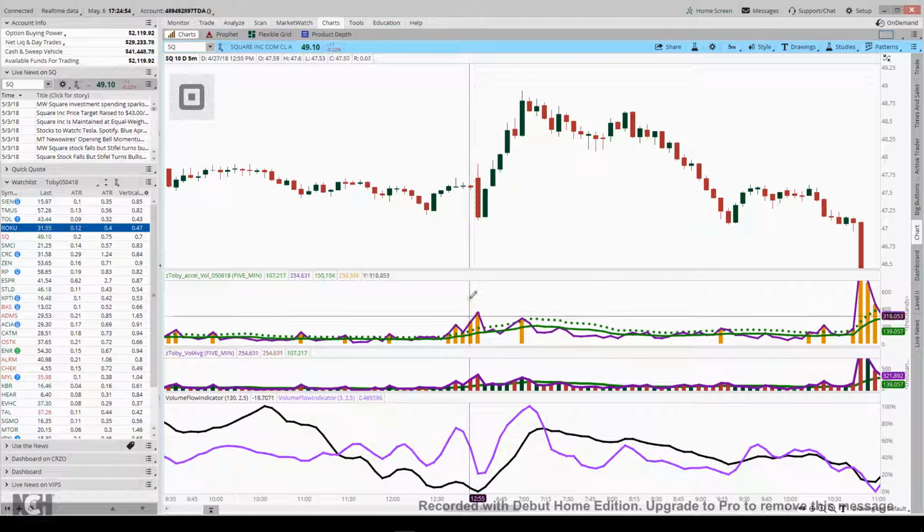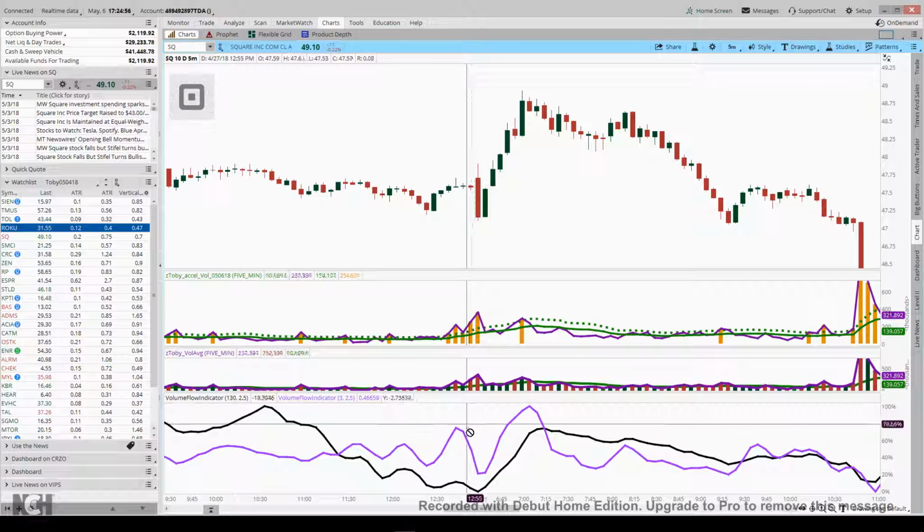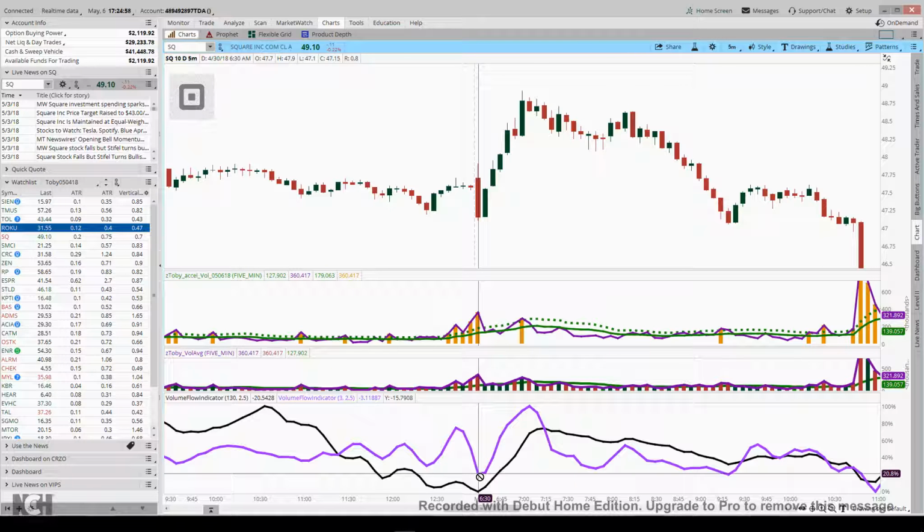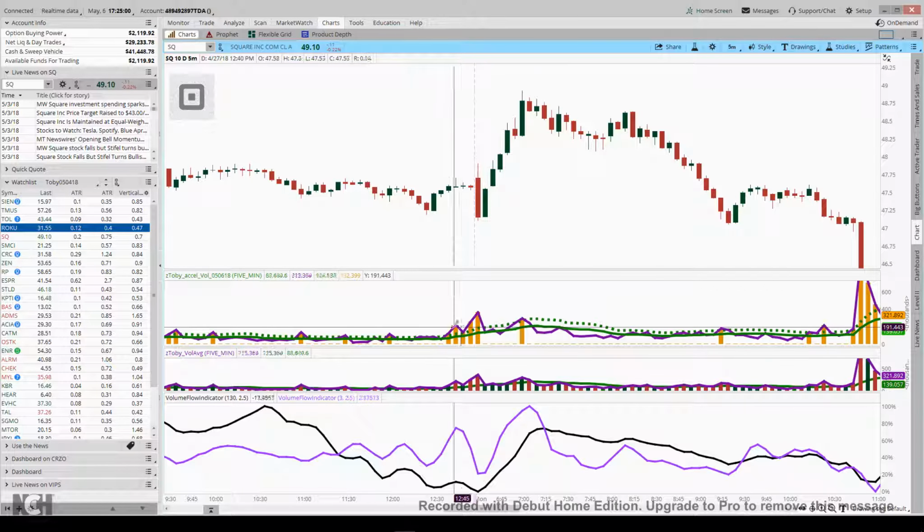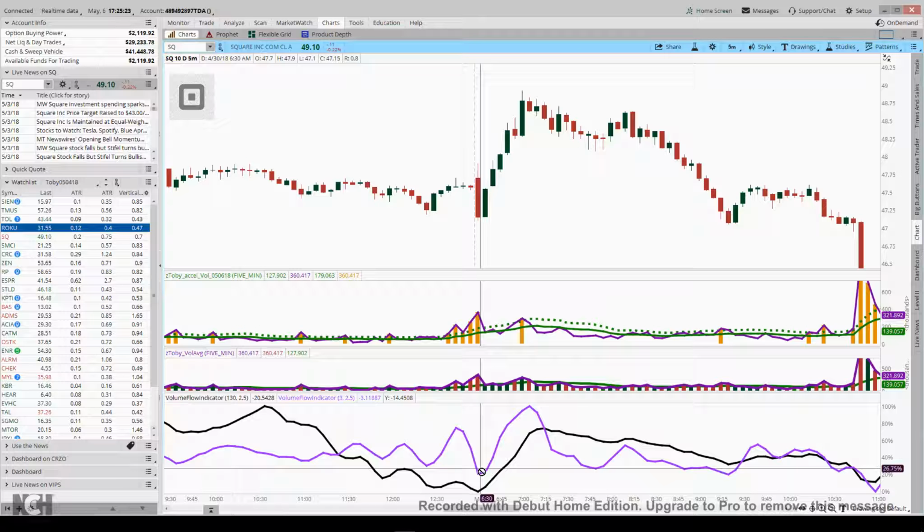Purple indicator over the last few bars of the day is going down. Okay? So this is the clue that tells you that the shares are being sold, this volume flow indicator is going down, even when these volume indicators are increasing. Basically, the thing to note is that when you have these orange bars, whether they're getting bigger and bigger, or less and less, the point is that the bars are there, and then the purple line tells you the direction that it's going.